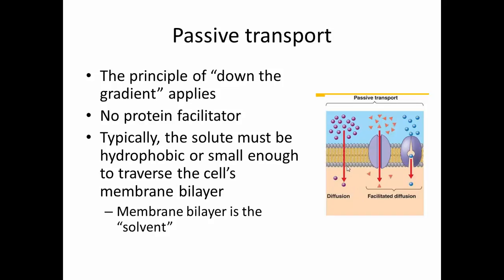So if we're talking about going through the membrane, we're talking about the membrane bilayer being the solvent. This is not necessarily strictly the case when we're talking about facilitated diffusion, because we are traversing the substrate through what little solvent there might be in a carrier or a channel protein.